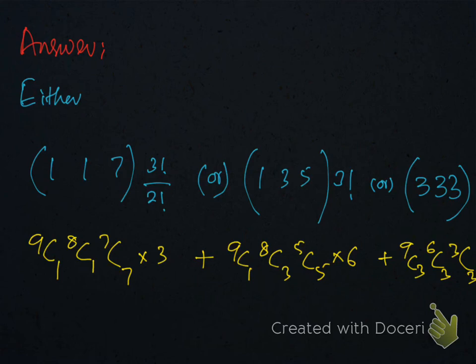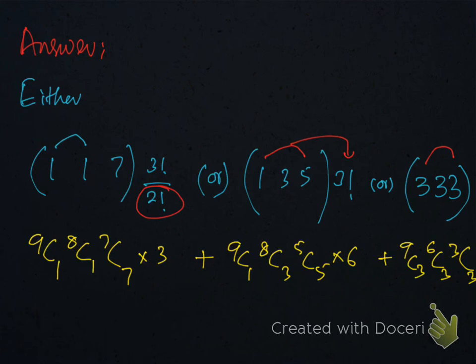Like we can give 1 pie to the first person, 1 pie to the second person, and 7 to the third person, and this is a distribution in odd numbers. Since we have 1 twice, 3 factorial by 2 factorial should be here. Here all numbers are different, so 3 factorial must be here. Since all numbers are the same, there is just one possible way.